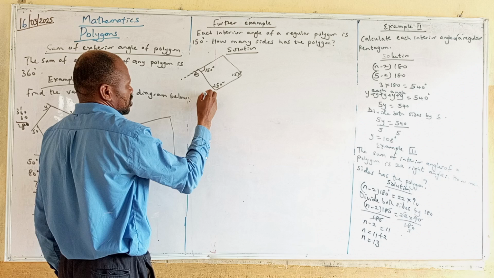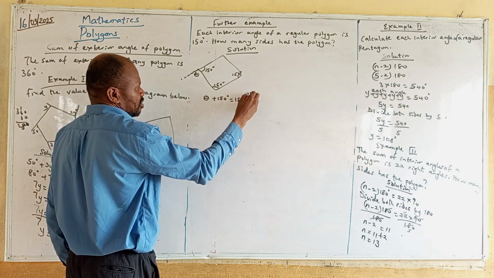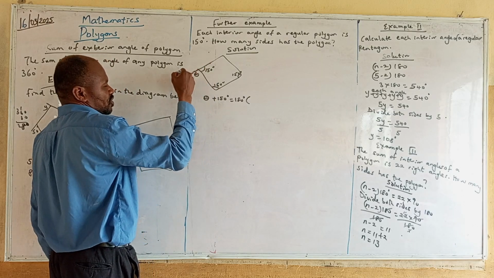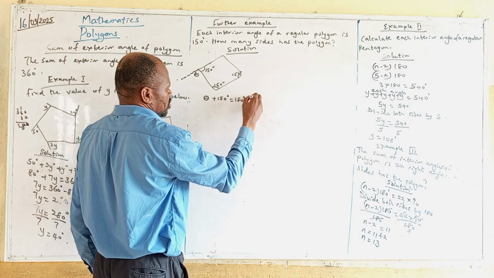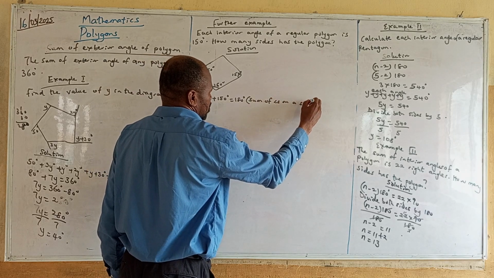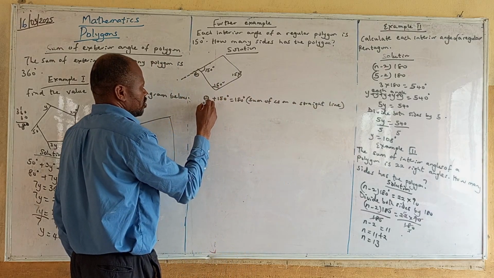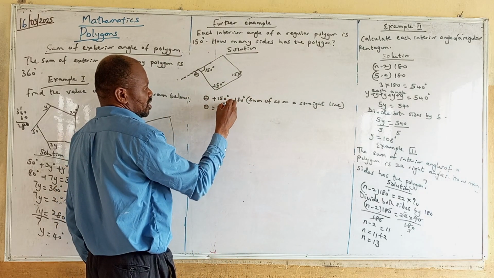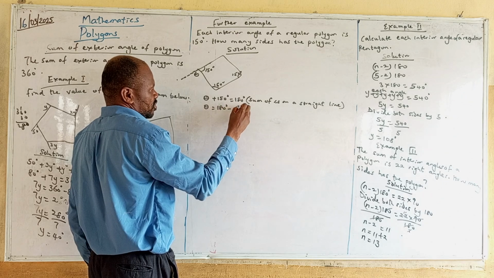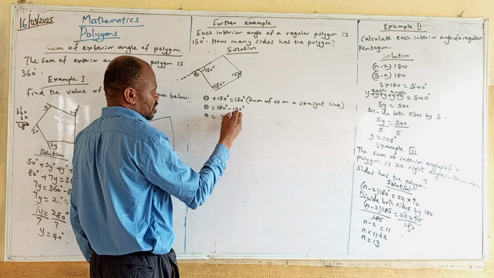Then theta plus 150 degrees equals 180 degrees, sum of angles on a straight line. I mentioned that earlier. So theta will be 180 degrees minus 150 degrees, so theta will be 30 degrees.